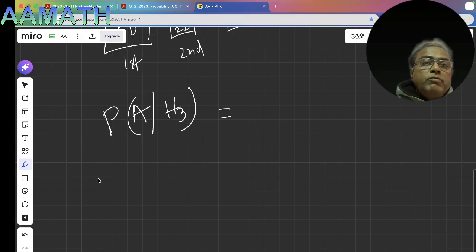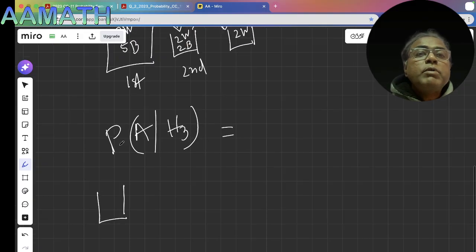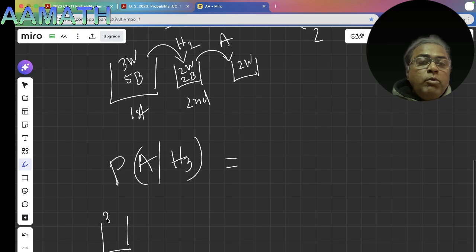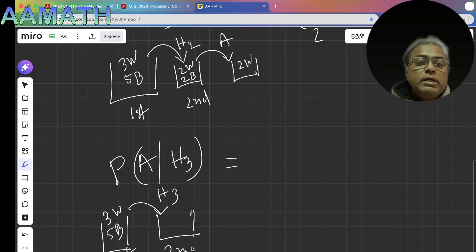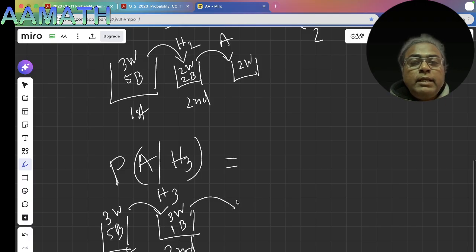From the first turn, there are three white balls and five black balls, and we draw by the event H3 to the second turn, these three white balls and one black ball. And then event A means the two white balls drawn.